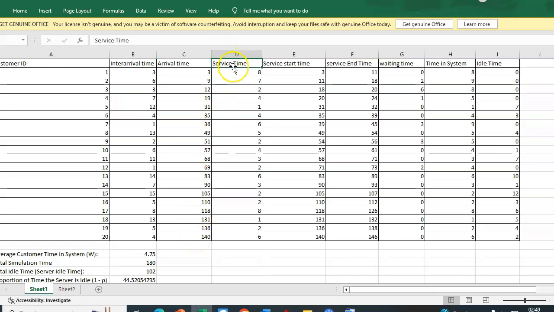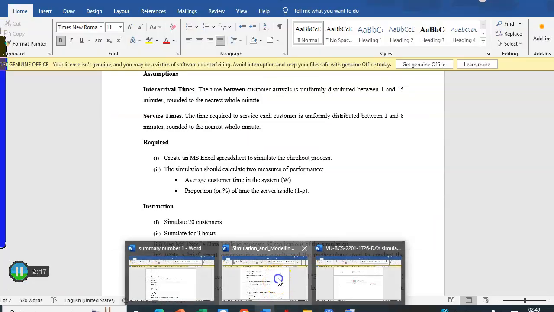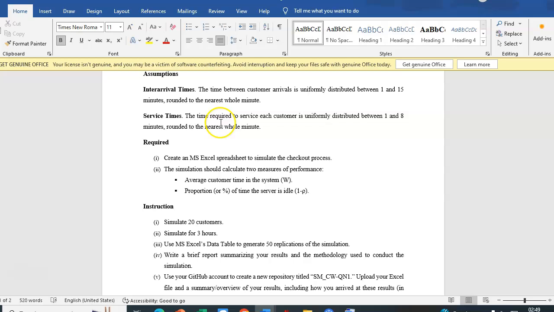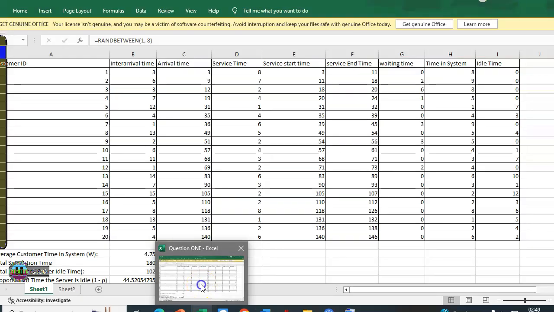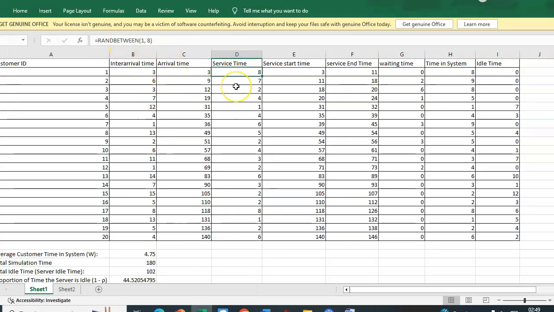Now when you go to service time, they told us also to generate between 1 and 8 minutes. So it was in the question: the time required to service each customer is uniformly distributed between 1 and 8 minutes. So this was already given. So we used the formula RANDBETWEEN 1 and 8 to generate random numbers between 1 and 8 minutes. So this is generated.